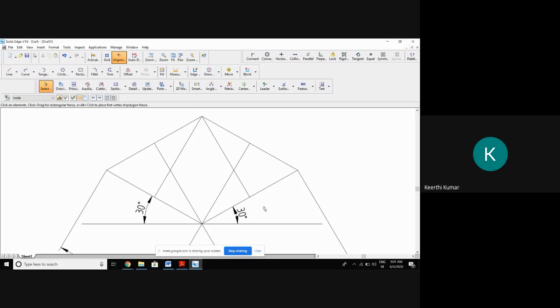Okay, good. After this, take a compass, make use of the compass.